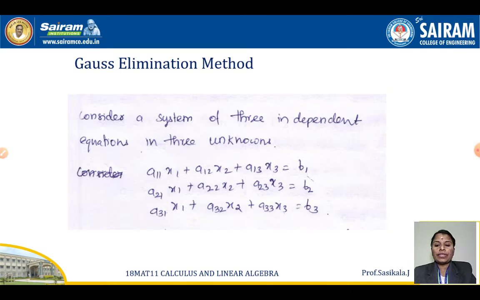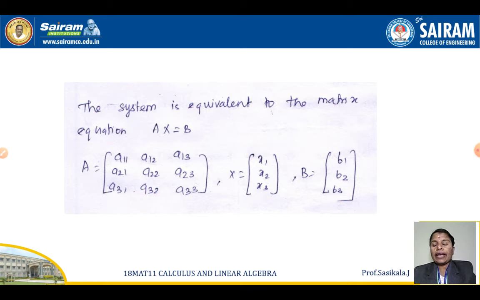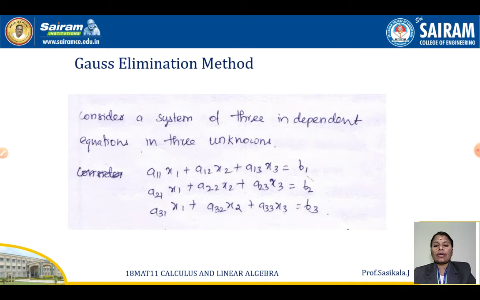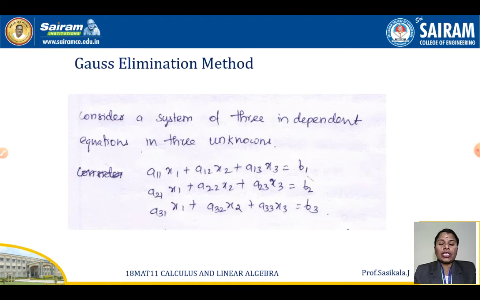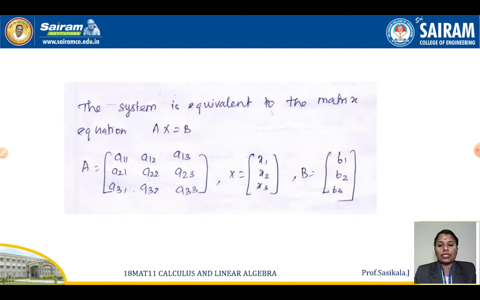The system of equations can be written as AX equals B. What is A? A is nothing but all the coefficients of the unknowns: a11, a12, a13, a21, a22, a23, a31, a32, a33. It is a 3 cross 3 matrix because we have three unknowns with three independent equations.